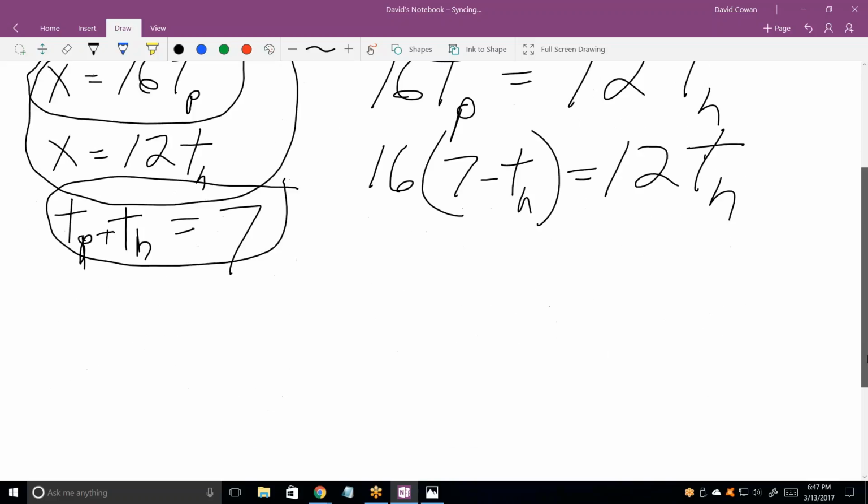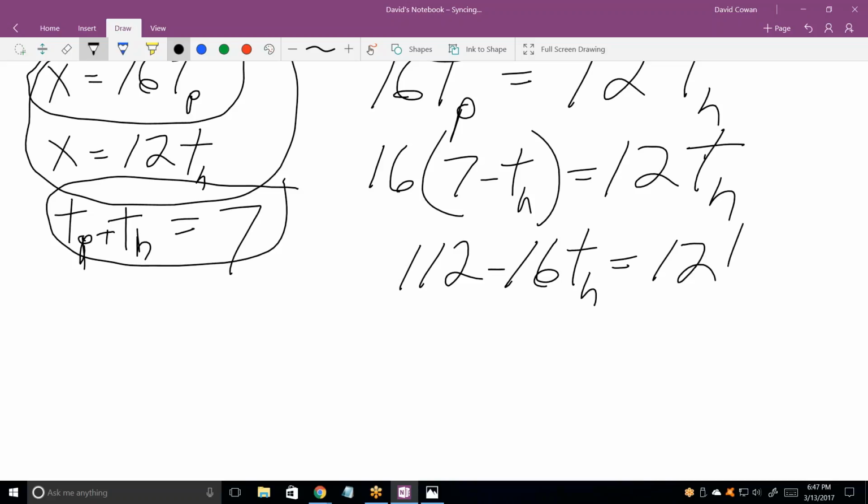Well, let's do it. First of all, I got to distribute the 16. So I got 112 minus 16 T sub H equals 12 T sub H. What's the next step? Add 16 T sub H to each side.